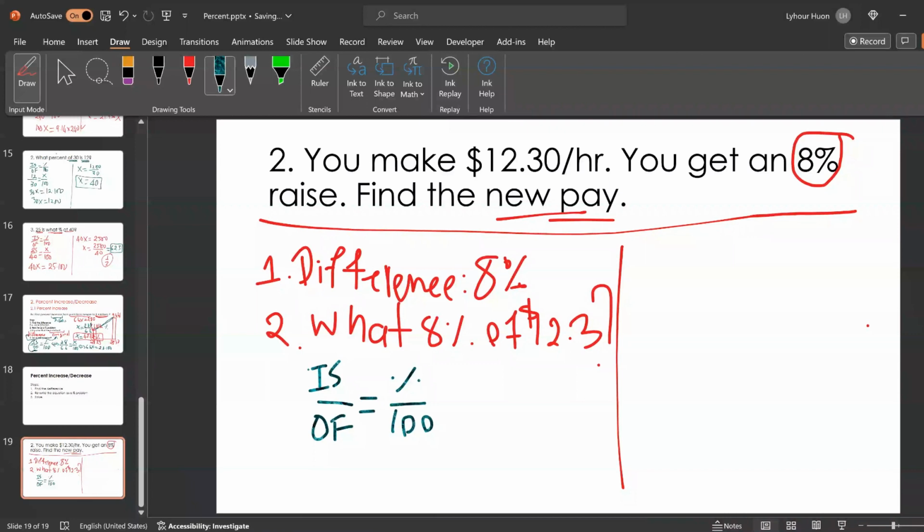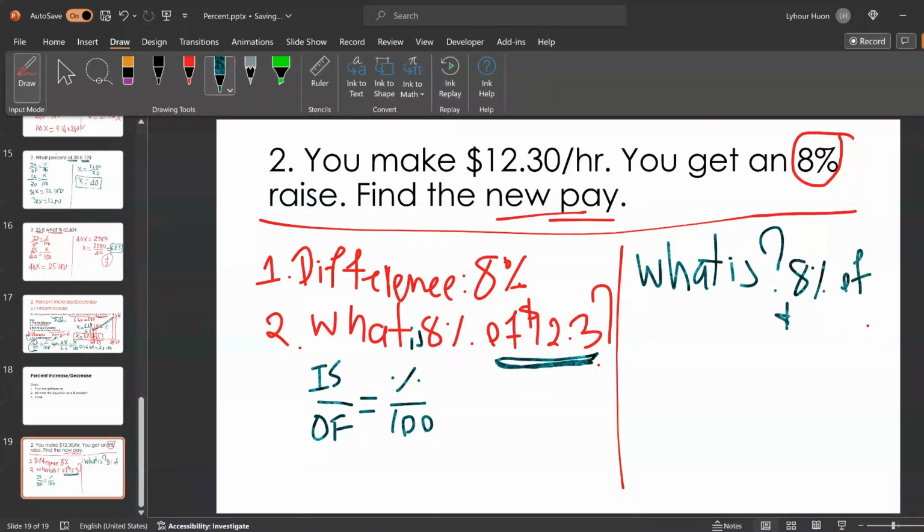Grammatically, the question should be: what is 8% of 12.3?